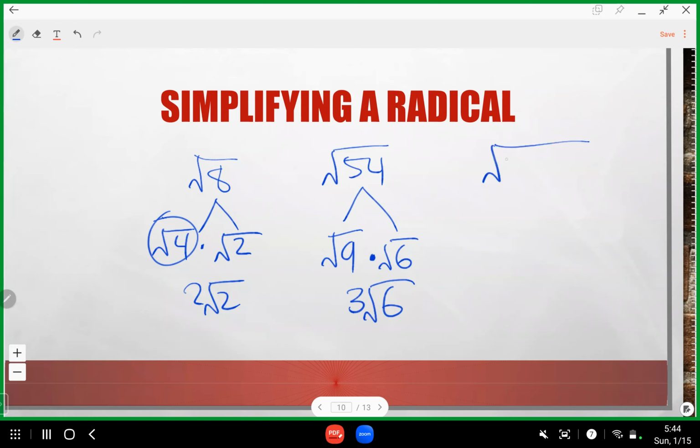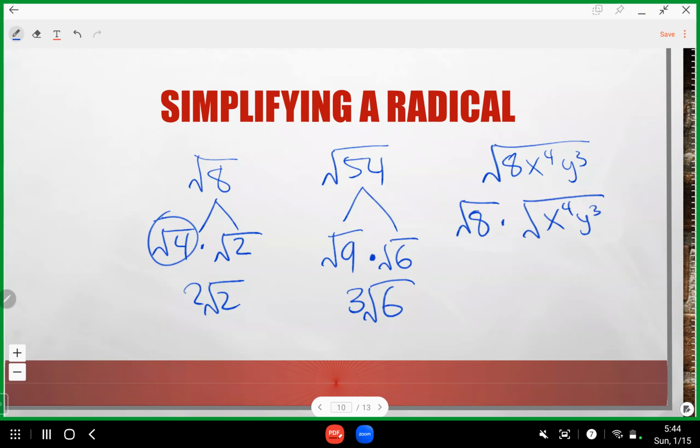So this is obviously a square root of 8x to the 4th and y to the 3rd. All right, so first, Kaylee, we obviously know that, let's just split it into this.